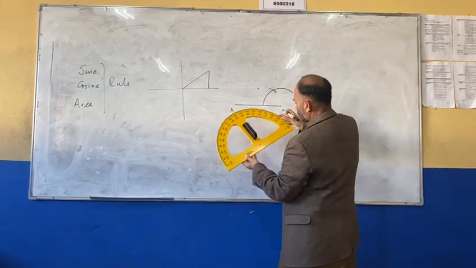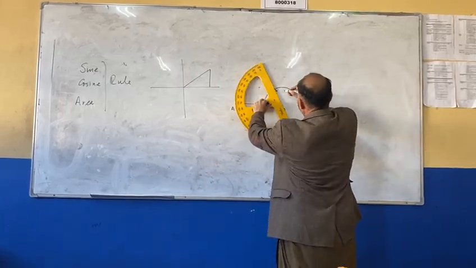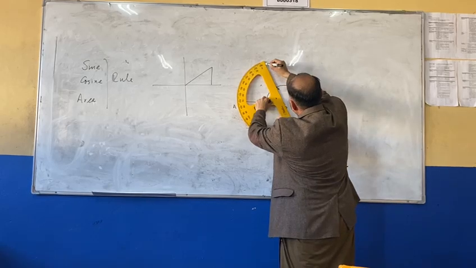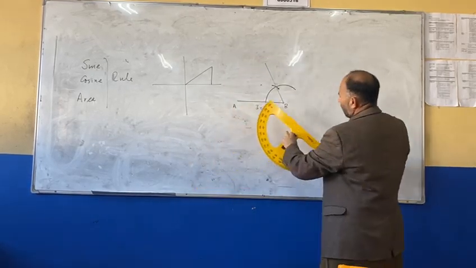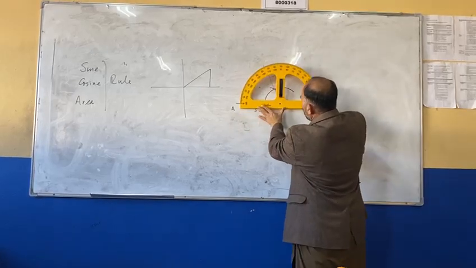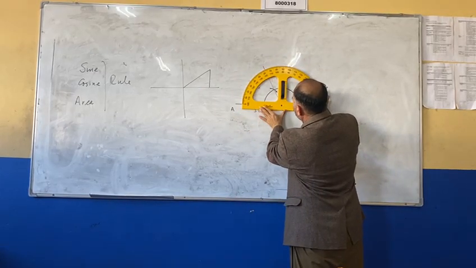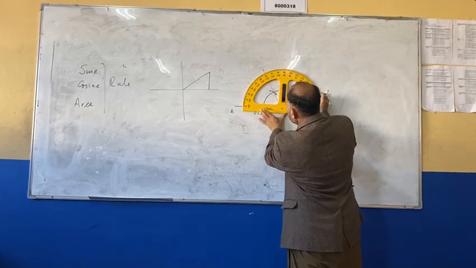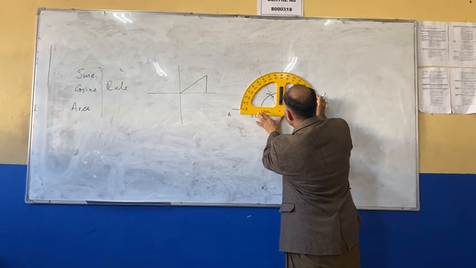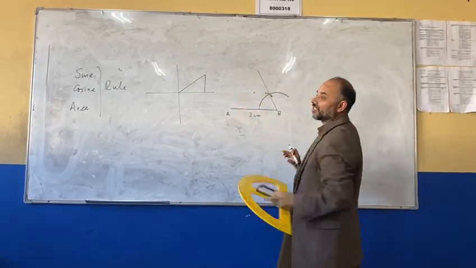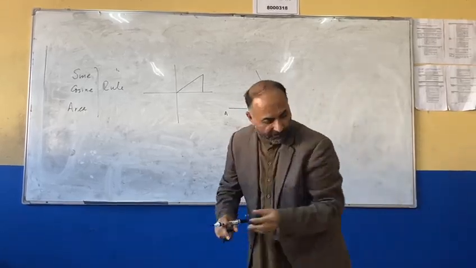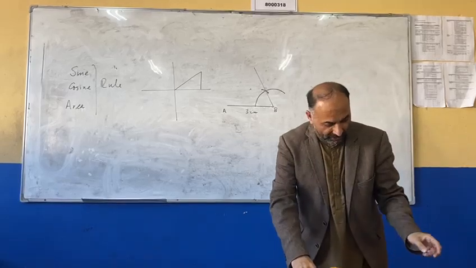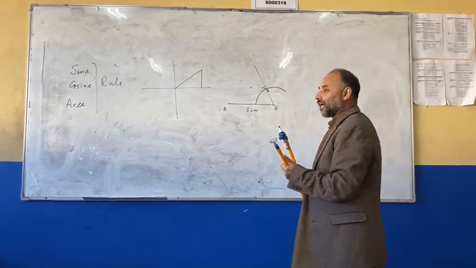This point we can join with the starting point, and when we see the size of the angle here, we find that this is a 60 degrees angle. Okay? Now a 60 degrees angle, if we divide it into two parts, it will give us what?